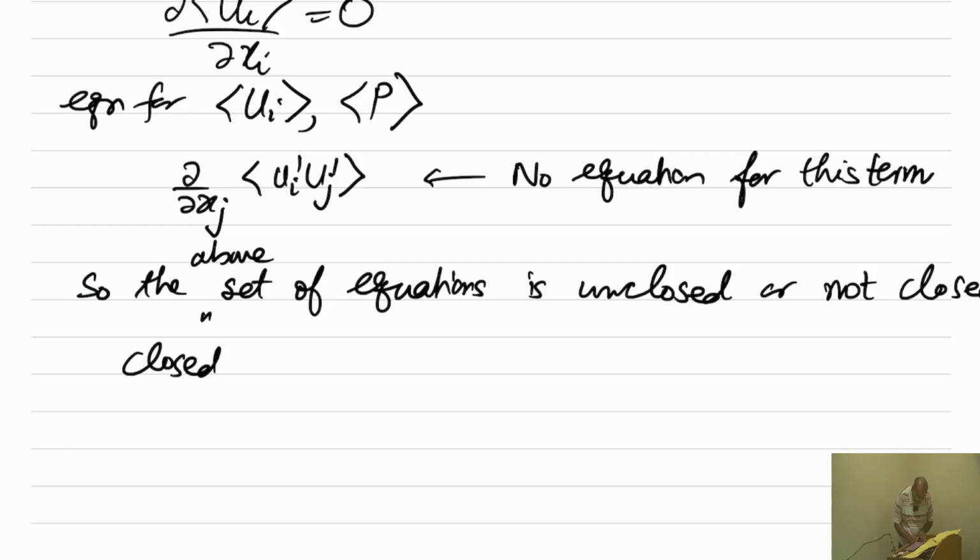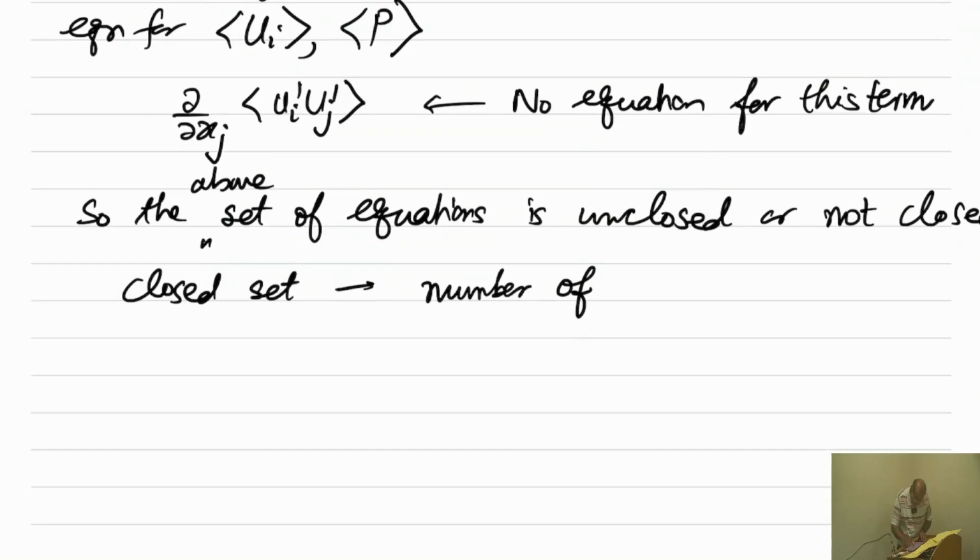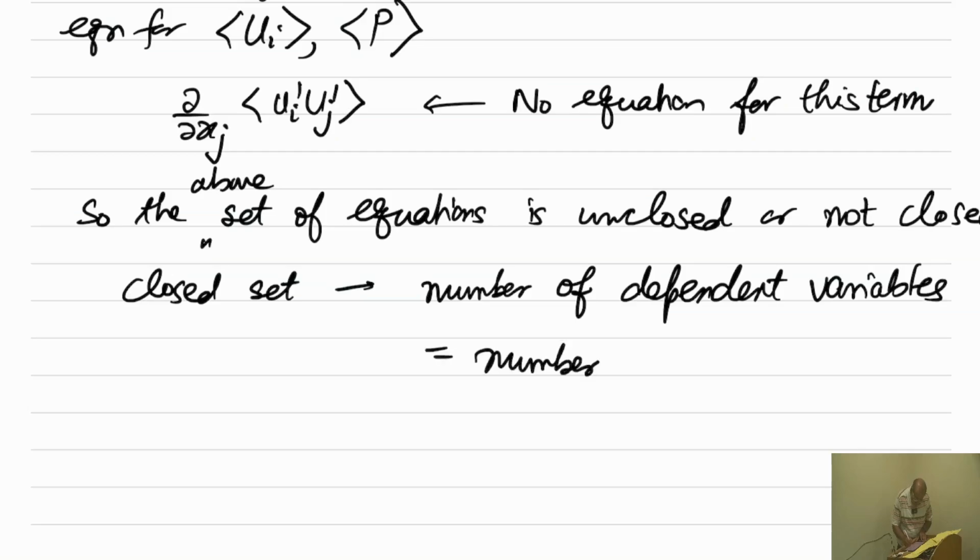So, closed set means the number of dependent variables is equal to the number of equations. And clearly this equation set is not closed.